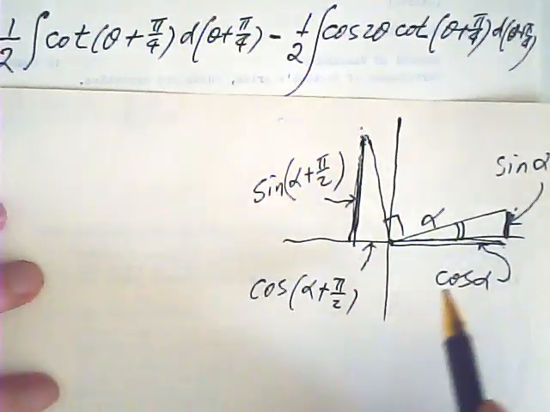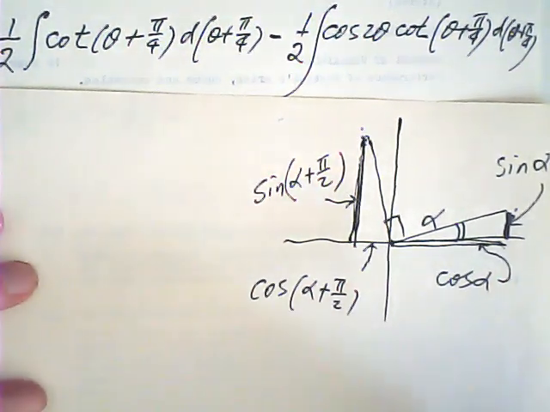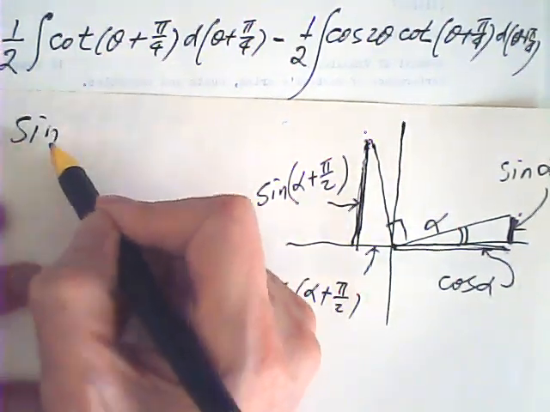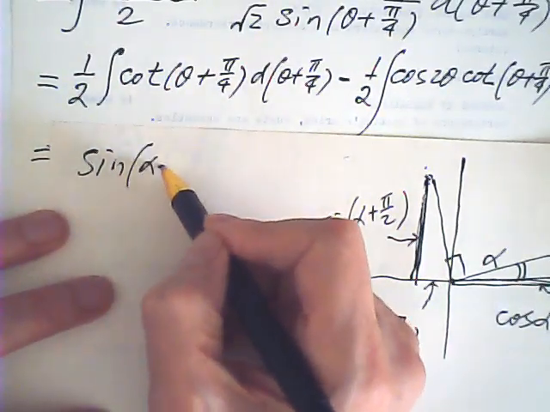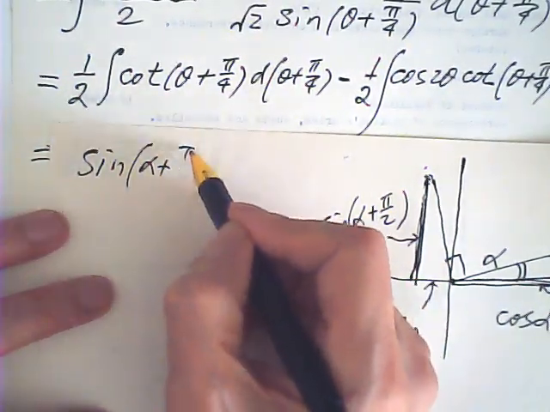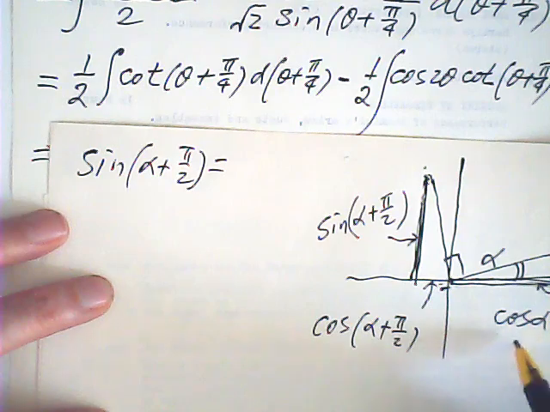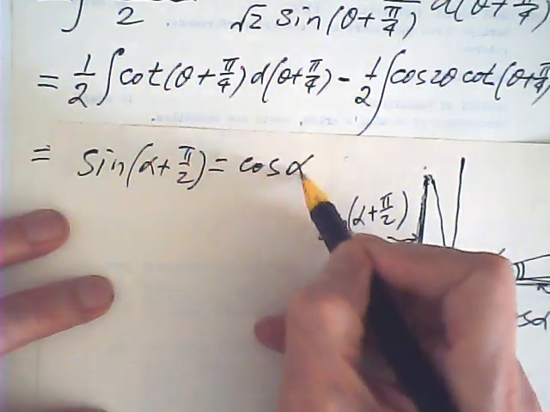And the relation: sine of alpha plus half pi is equal to cosine alpha.